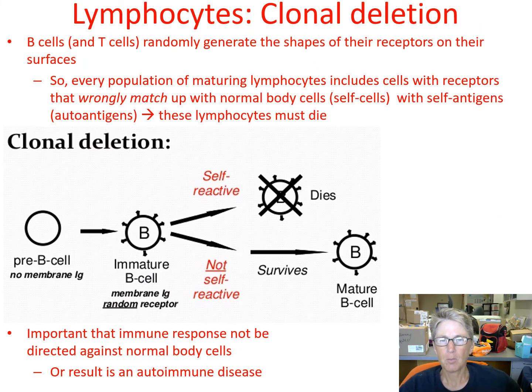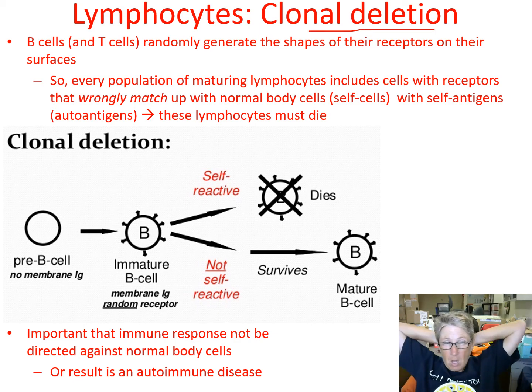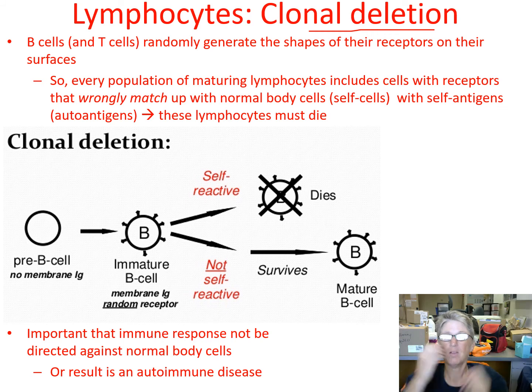All right, so let's talk about this process of clonal deletion of lymphocytes. When your body makes a B cell or a T cell, they have B cell receptors and T cell receptors. Your body wants to make sure that those B cell and T cell receptors don't recognize any antigens in your body, because if they do and they mount a response, then that's an autoimmune disease. So B cells and T cells randomly generate through DNA magic the shapes of their receptors on their surfaces.